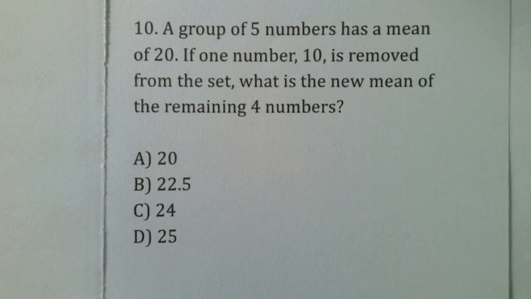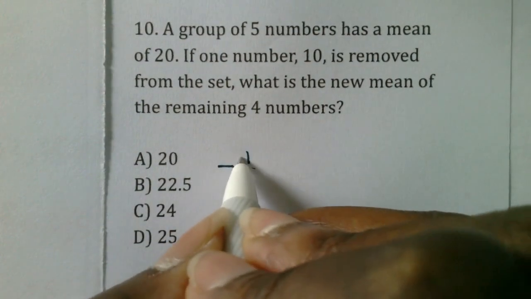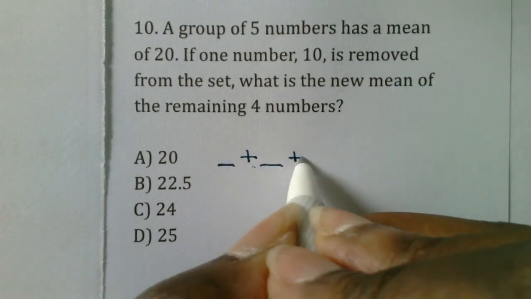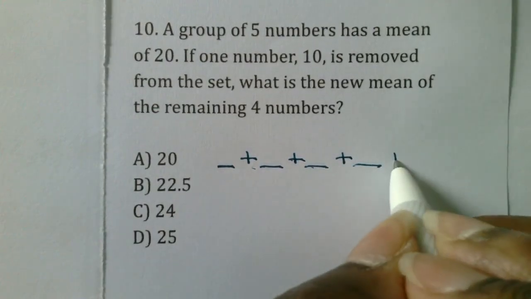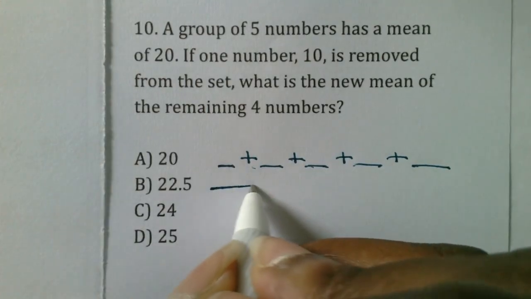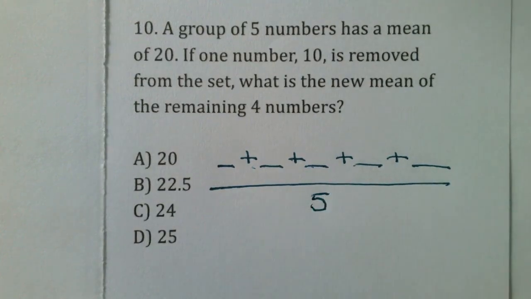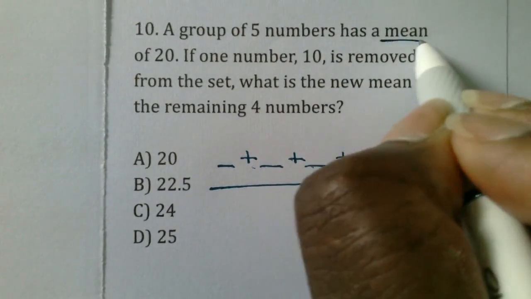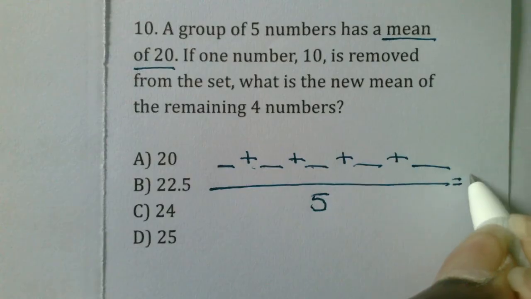So in order for us to get the mean, what we do is we have to add all 5 of the numbers. So 1, 2, 3, 4, 5. Once we figure out all 5 of our numbers, we divide by how many numbers there are, and they told us that the mean is going to equal 20.